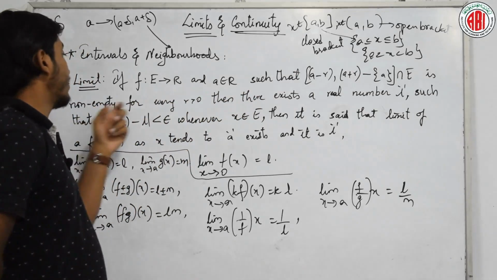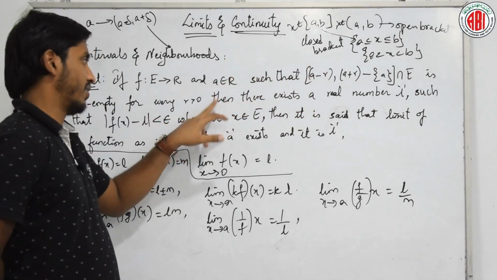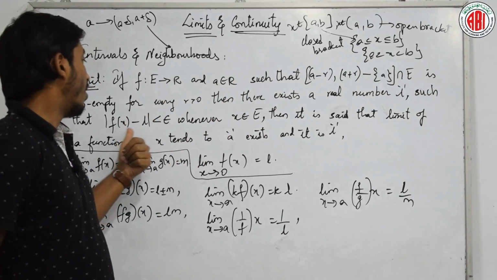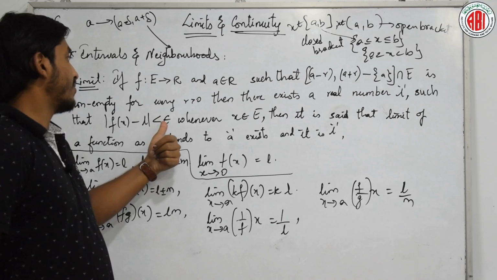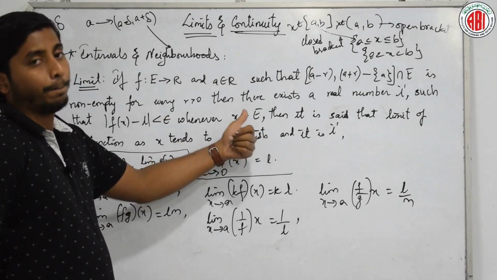If it is not an empty set, for every r greater than 0, r should obviously be positive, then there exists a real number L such that mod f of x minus L is always less than epsilon whenever x belongs to E.